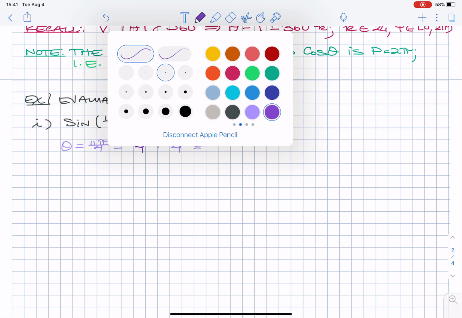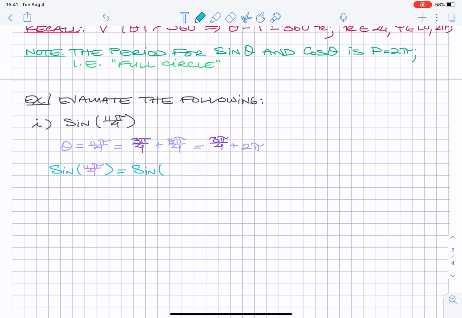Okay, so this implies that sine of 11 pi over 4 is equal to sine of 3 pi over 4 plus 2 pi, which has the same value.